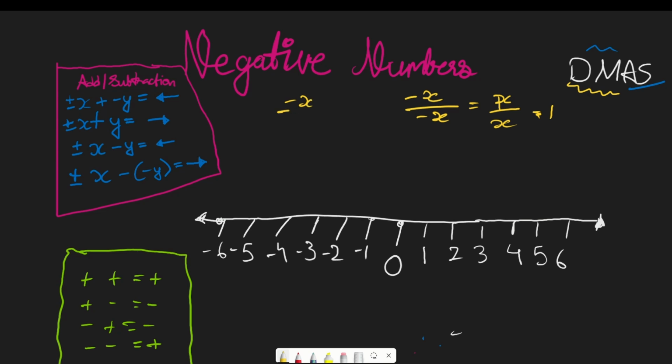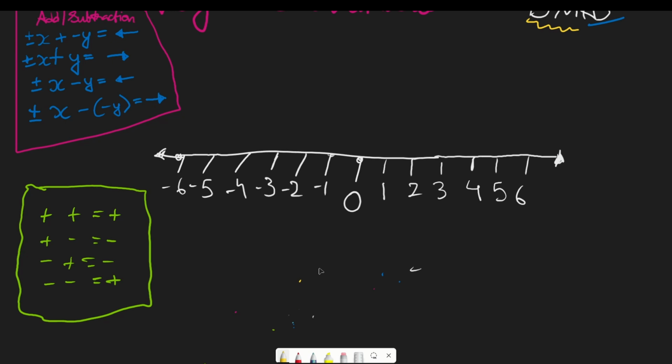So minus x by minus y, these minuses cancel, so you get x by y. x by y is just, for example, 3 by 2 is 1.5, 4 by 2 is 2, and so on. It's quite easy. Let's just write the rules just so you don't forget.